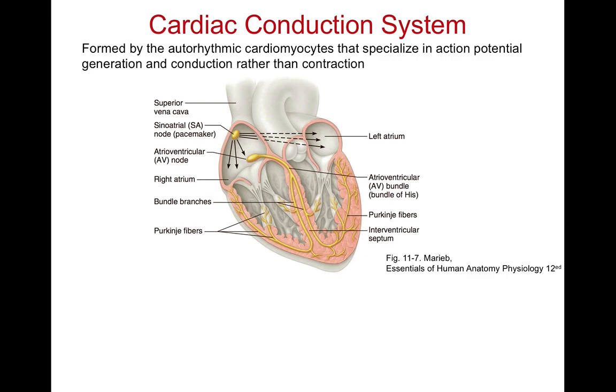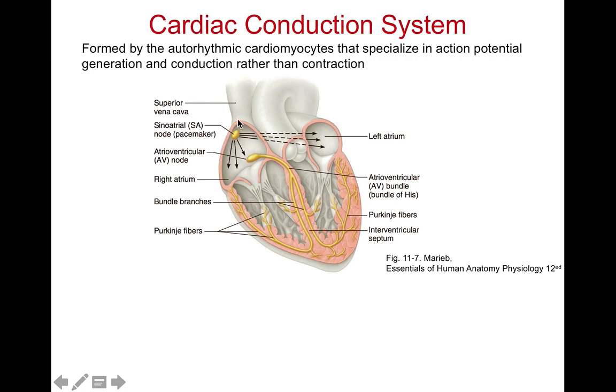So the cardiac conduction system is formed by the autorhythmic cardiomyocytes that specialize in action potential generation and conduction rather than contraction. There are a number of different structures you should be aware of. The sinoatrial or SA node, which is also known as the pacemaker. I think most of us have heard of the pacemaker.